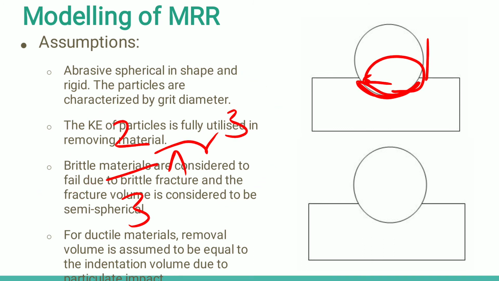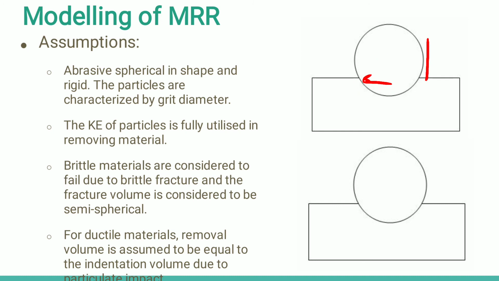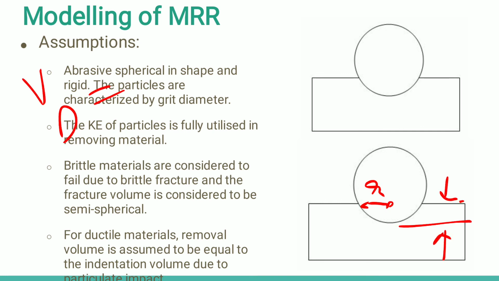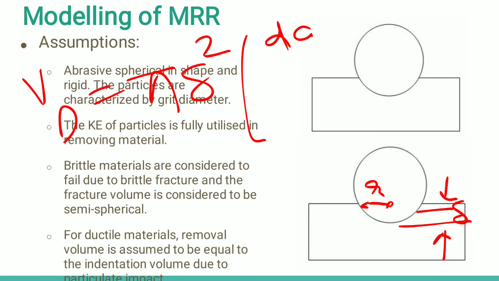Now in case of the ductile material, we have to consider the same radius r, but we are not sure because different researchers have given different formulas. In case of ductile material, the volume removed, if this is the indentation delta, will be given as pi delta square into dg by 2 minus delta by 3.